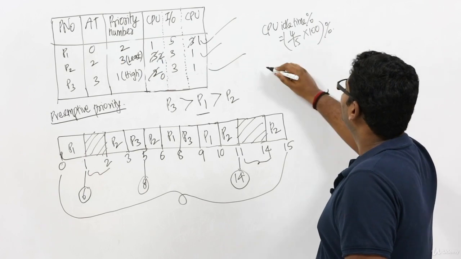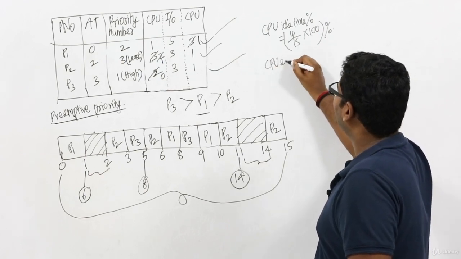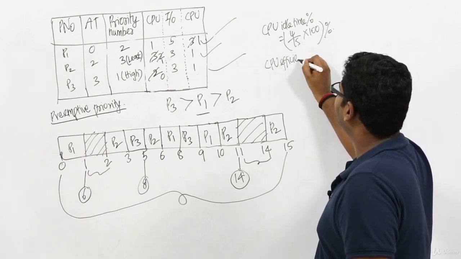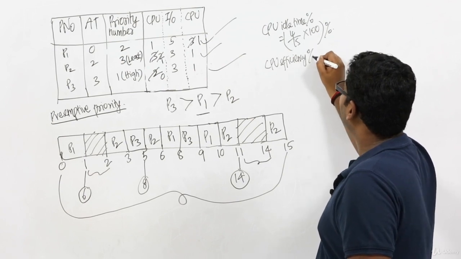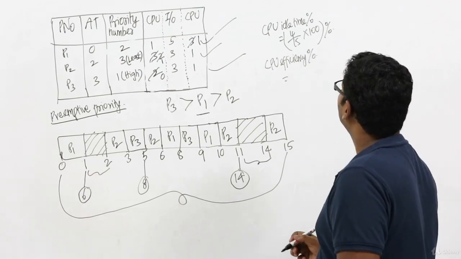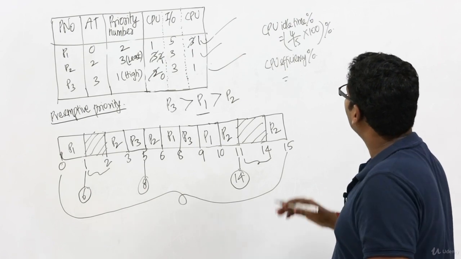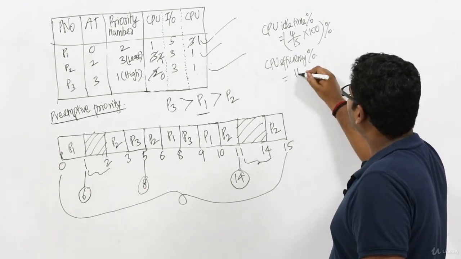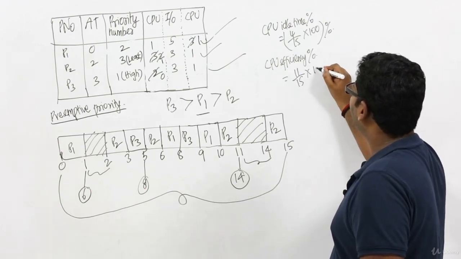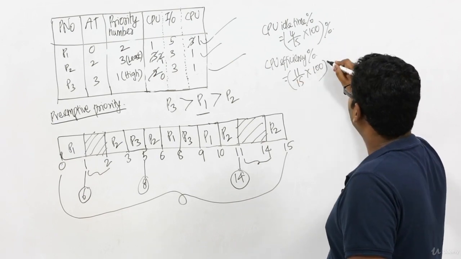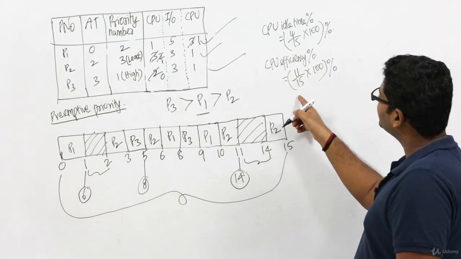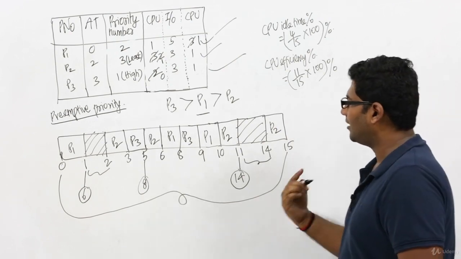Now we can easily calculate the CPU efficiency percentage as well. CPU efficiency percentage is nothing but 11 by 15 into 100. We can either calculate the CPU efficiency percentage from this, or you can even calculate from this.